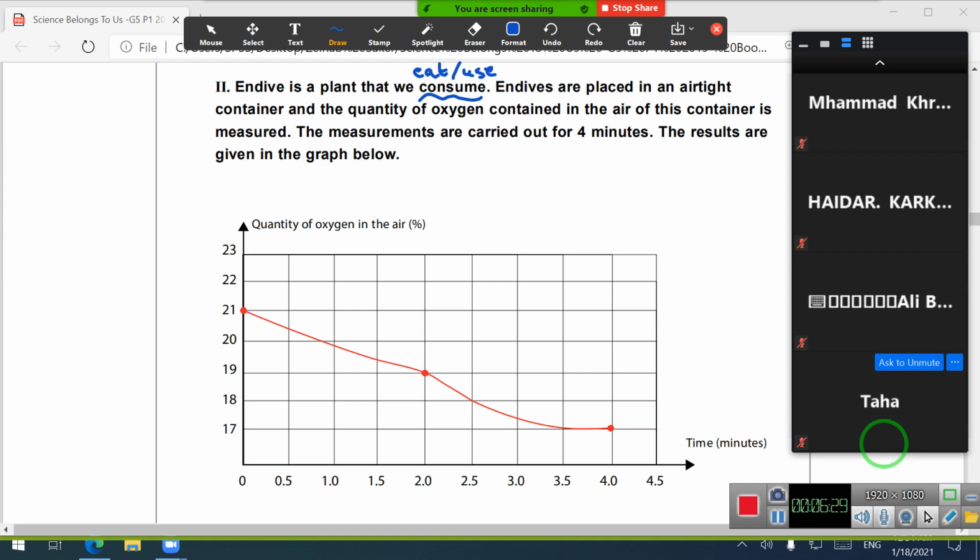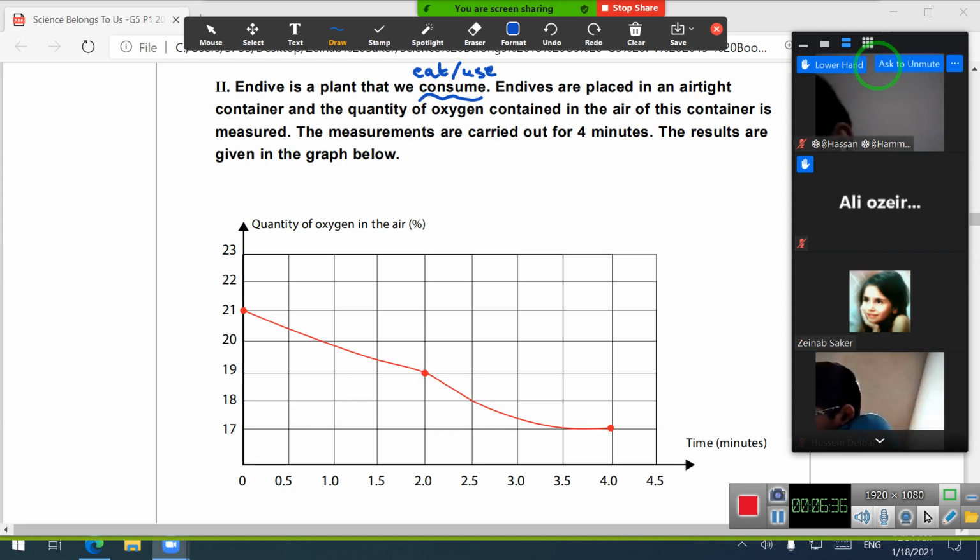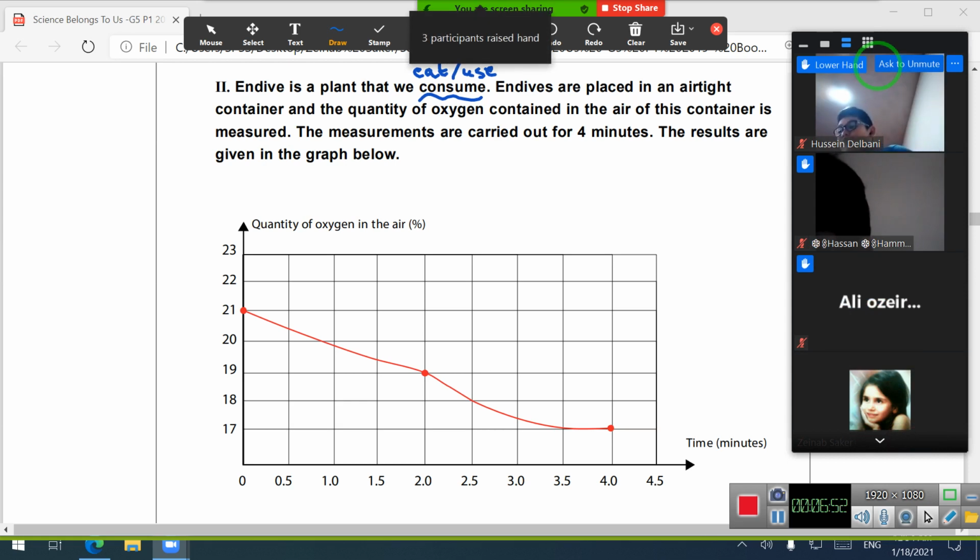Endives are placed in an airtight container and the quantity of oxygen contained in the air of this container is measured. The measurements of the amount of oxygen are carried out for 4 minutes, and the results are given in the graph below.